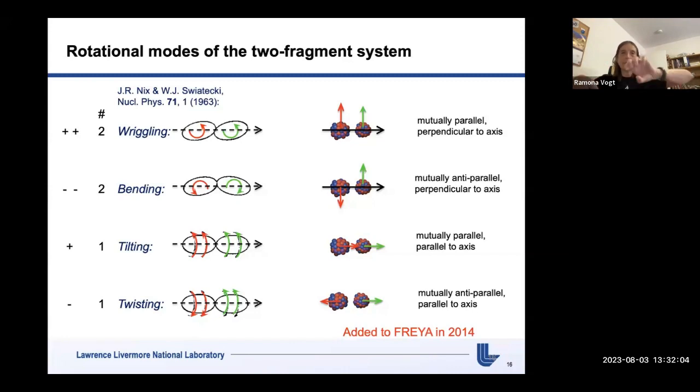Bending, you're going in opposite directions, and then tilting, you're going in the same direction, parallel to the axis, and twisting, you're going anti-parallel. Anyway, we put this in Freya in 2014, so it's been in there a while. And now we've just been refining it and trying to advertise it a bit more in some sense.